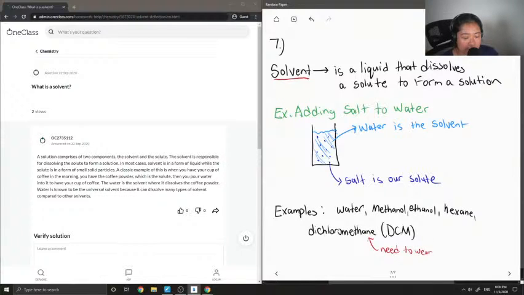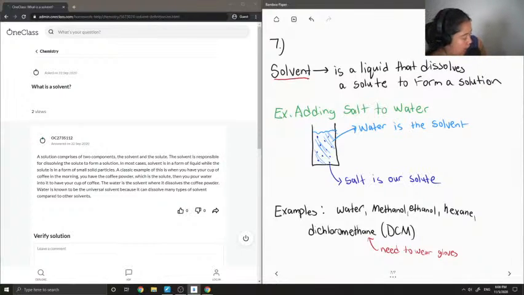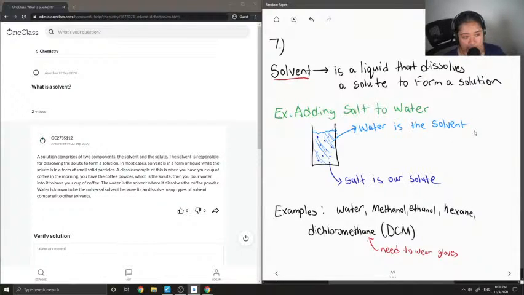And always read the MSDS. So those are all just different examples of solvents. It doesn't just involve water. You can have a lot of variety of different solvents, or even a mixture of two of them, like 60% water and 40% methanol. So there's a lot of variation to it, really.